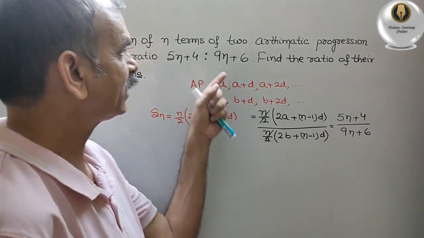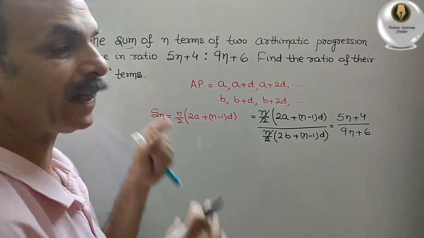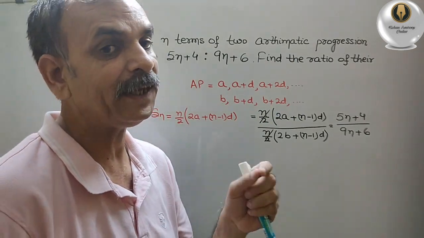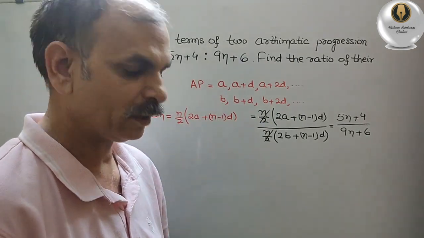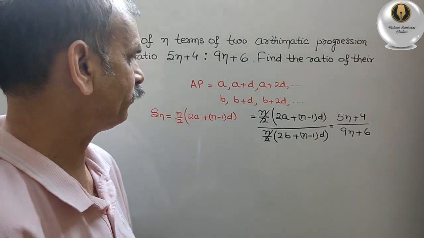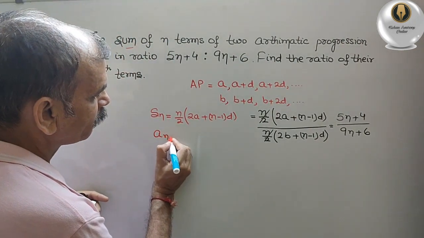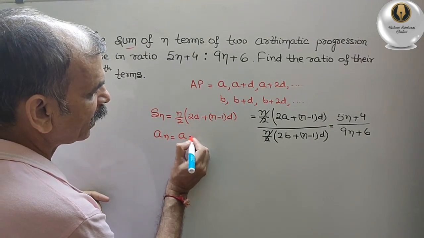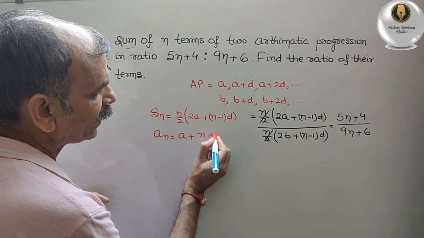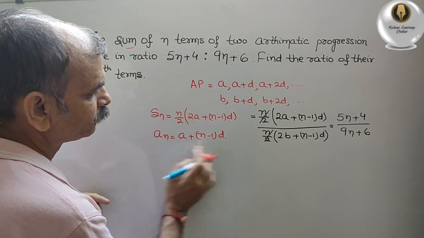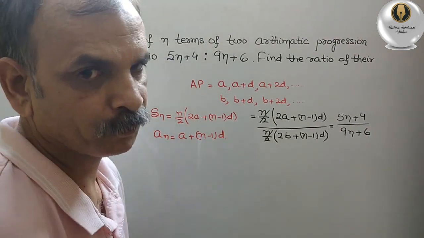They have asked the ratio of the 18th term, that means A18. What is the formula for An? The formula for An is a plus n minus 1 into d. This is the formula.